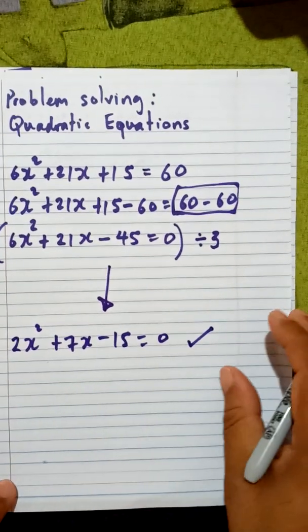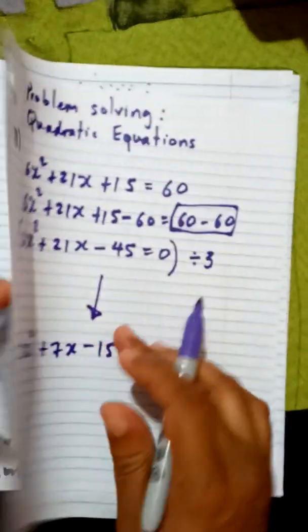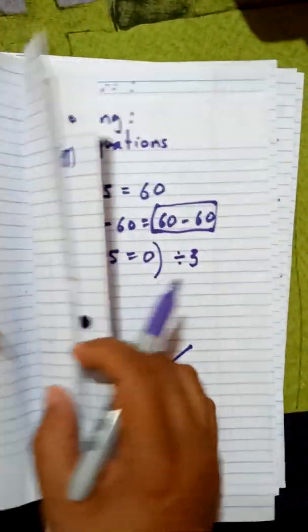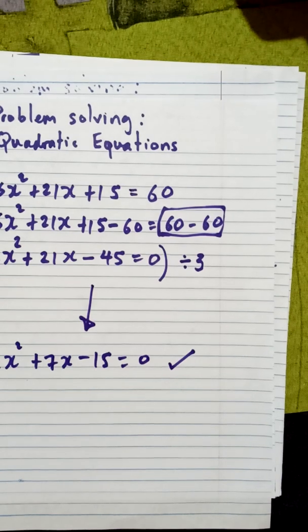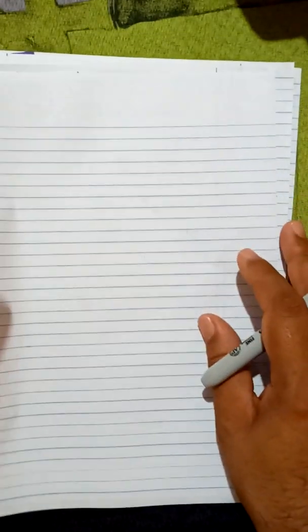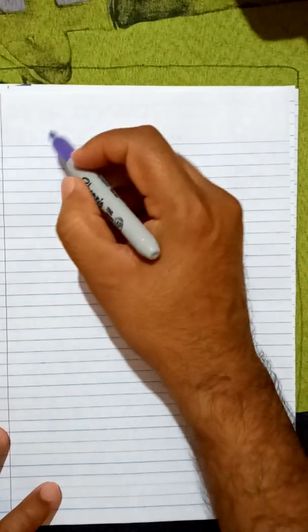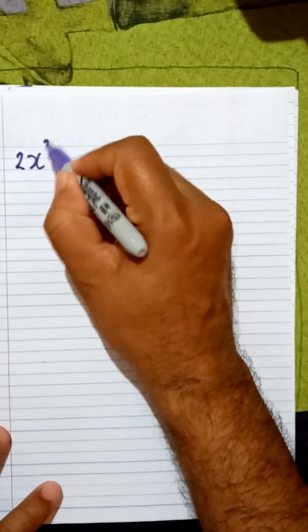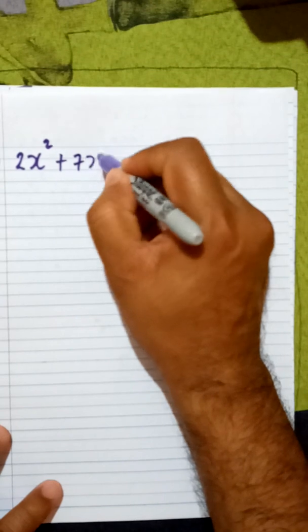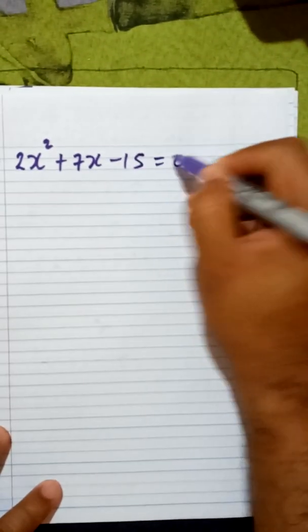Basically for part 3, what they want us to do is to solve that equation. So we're going to solve this equation. Part 3, we need to solve 2x squared plus 7x minus 15 equals 0.